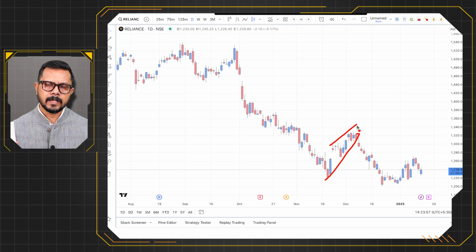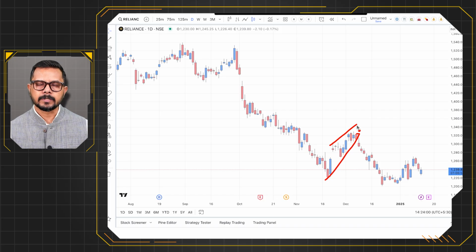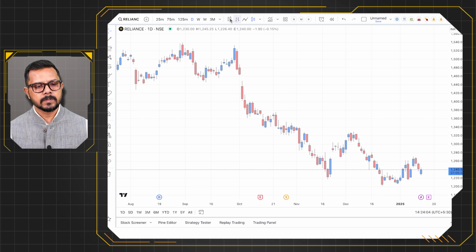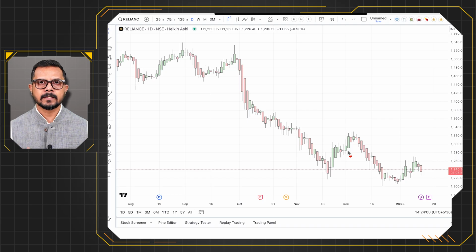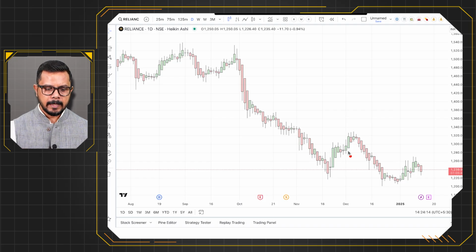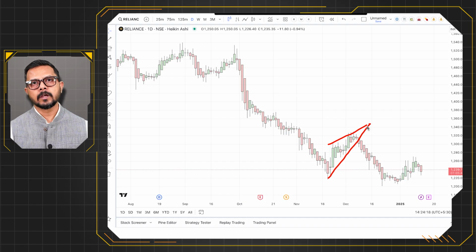You might have had some inhibition in the back of your mind. Now, I've personally noticed that if you use a Heikin Ashi candlestick chart, then these classical conventional candlestick patterns pop up very clearly. You will be able to identify a nice rising wedge much better than if you use it on a bar chart or a candlestick chart. So this is also another advantage of using Heikin Ashi candles.